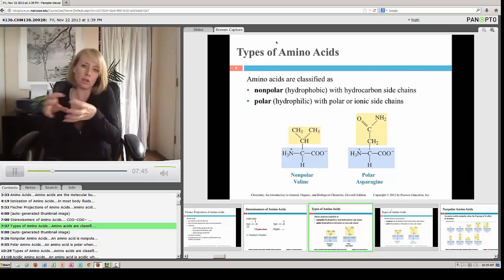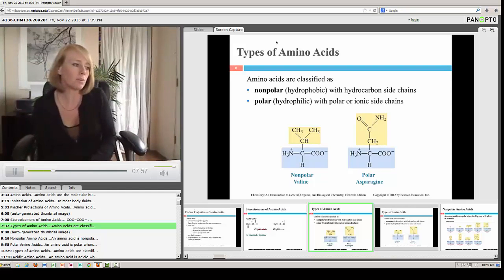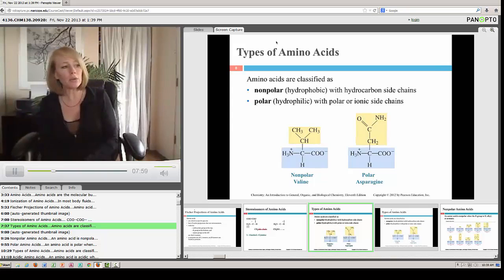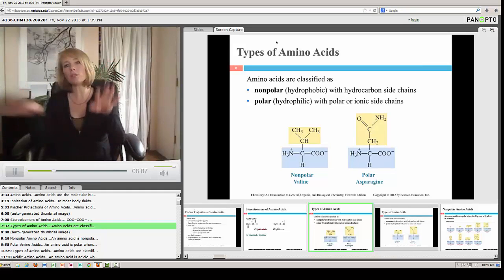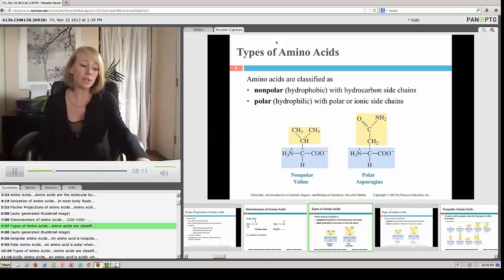In fact, globular proteins get that name because the hydrophobic core of a globular protein is usually nonpolar, to try to keep away from the aqueous environment that we see in a cellular environment. A polar amino acid, on the other hand, will have groups on the R portion that have an uneven distribution of electrons, causing it to be positive on one side and negative on the other.